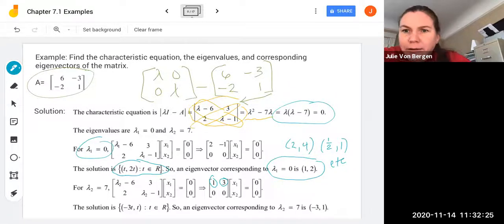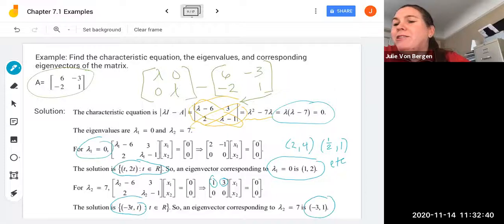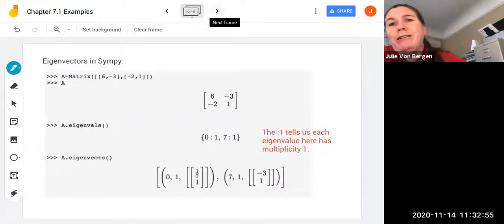We get -3t, t for t being a free variable in R. So the eigenvector corresponding to lambda 2 equals 7 is -3, 1, but that's just one possibility. You could have -6, 2, or anything else where you've got that same -3t, t relationship. So let's take a look at what happens when we calculate in Sympy.